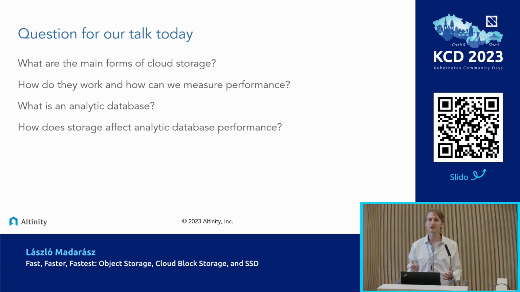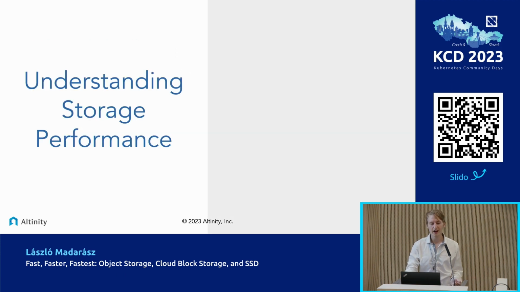But if you use any other major storage provider, you probably encounter the same kind of storage system, just under different names. I'm also going to talk a bit about how we can measure performance, because it's really tricky, especially with databases. It has a lot of factors. I'm going to say a few words about what an analytic database is, and then we go into the main topic, which is how storage affects analytic database performance.